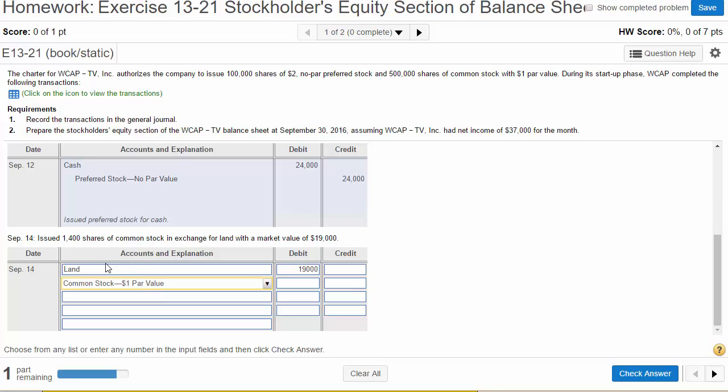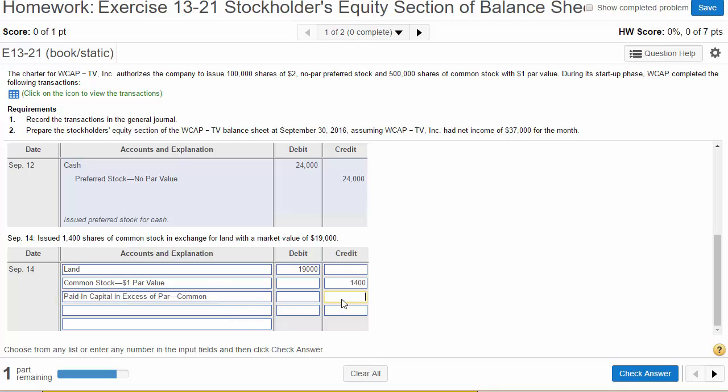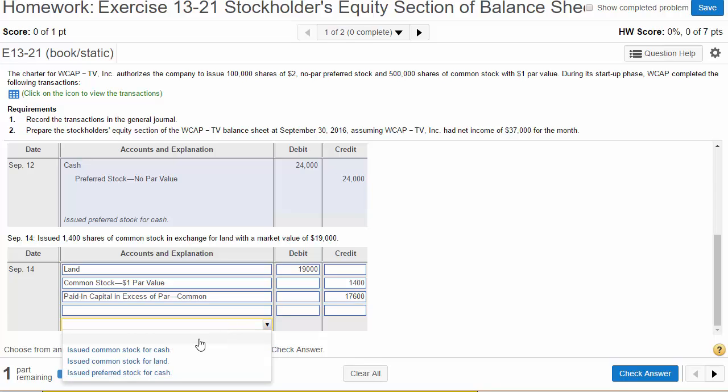So $1 times the 1,400 shares we issued gives us $1,400 for the common stock account. And the balancing amount is going to go in paid-in capital in excess of par for the common, and that's going to be $17,600. And for the comment, we issued common stock for land.